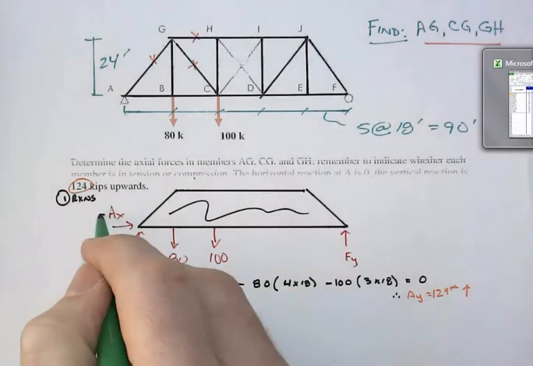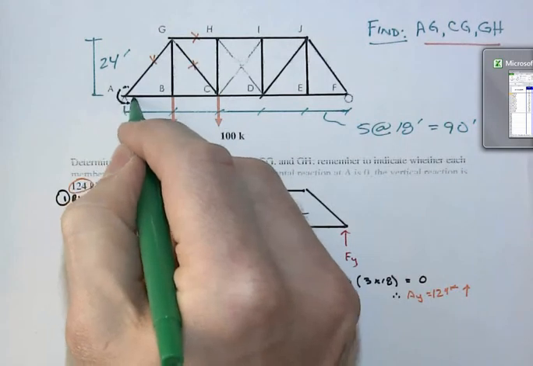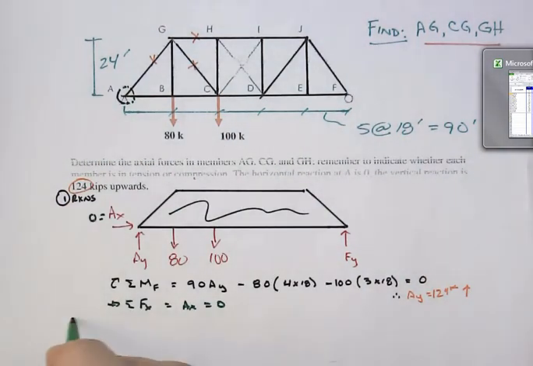And so that says that if I were to go in and look at joint A, I'm only going to have three non-zero forces there. I've got the upwards reaction of AY of 124 kips. That now in a sense is given.